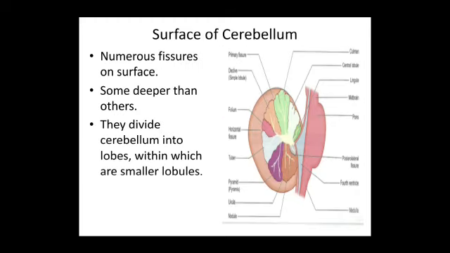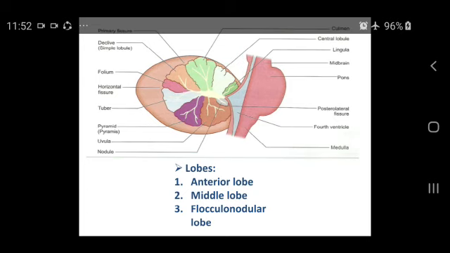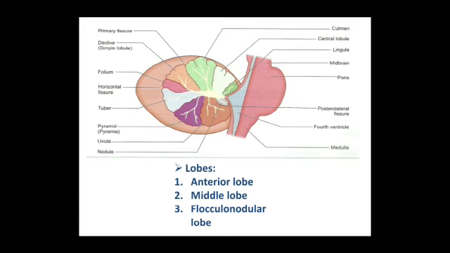There are numerous fissures on the surface, some deeper than others. These fissures divide the cerebellum into lobes within which are smaller lobules. The main lobes are the anterior lobe, middle lobe, and flocculonodular lobe.